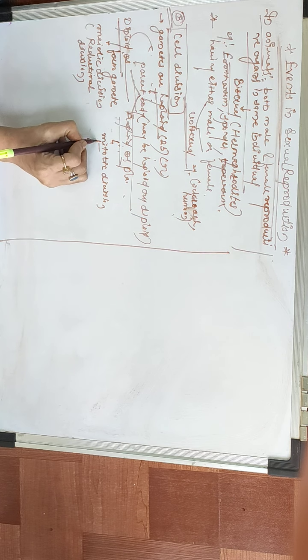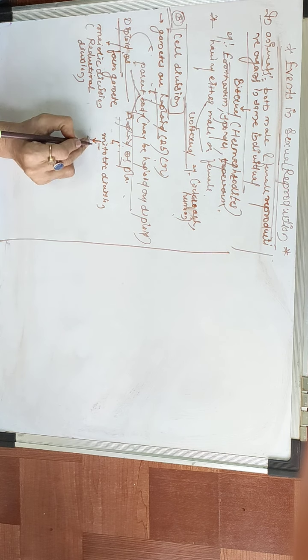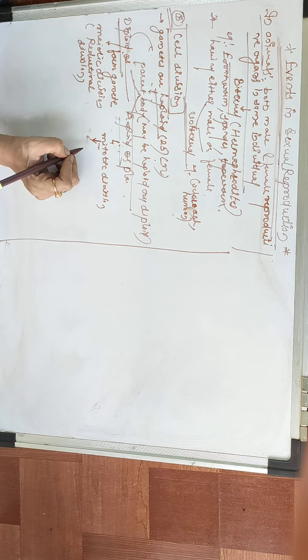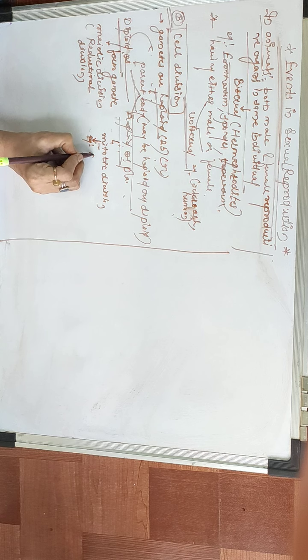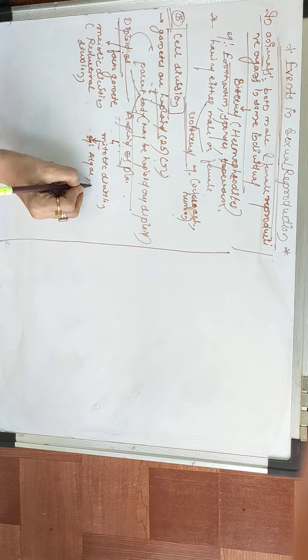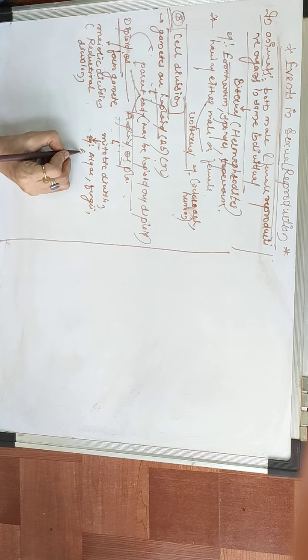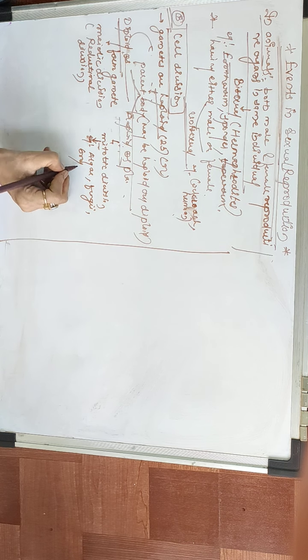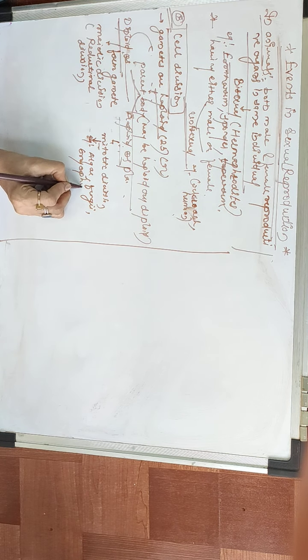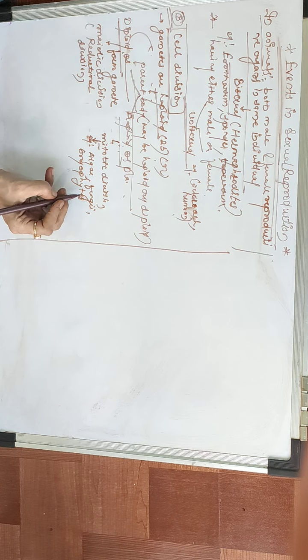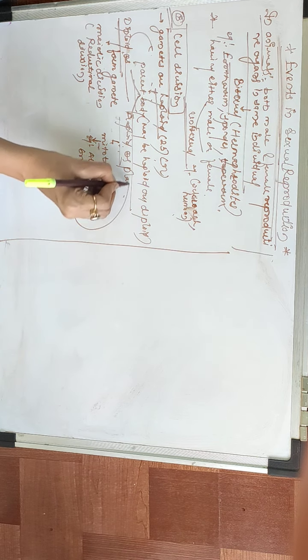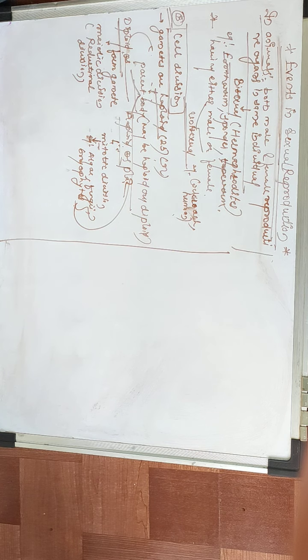Okay, so for haploid plants, for example, I am giving you the examples algae, fungi, or bryophyta. These all three have a haploid plant body.